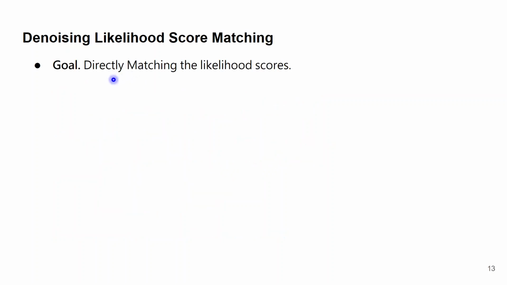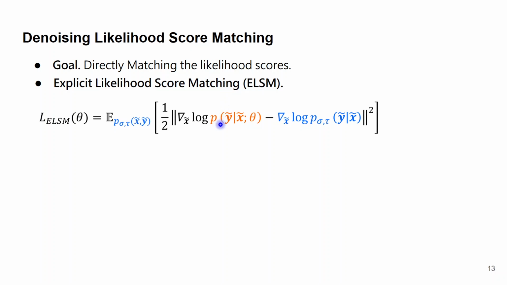We would like to directly match the likelihood score during the classifier training. So this is our loss function, which specifies the L2 distance between the log gradient of the classifier and the true likelihood score. However, the second term here is computationally intractable, as we discussed before.